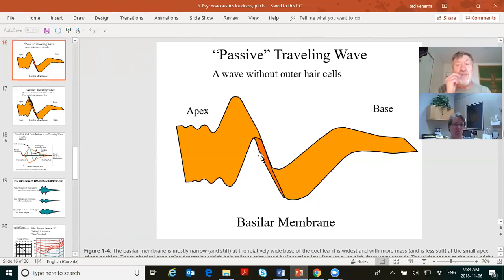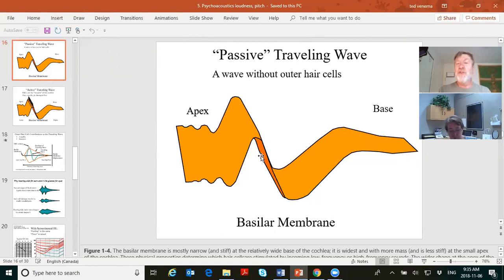Now this is what von Békésy, the discoverer of the traveling wave, found in his research. And so yes, like Helmholtz before him, he concluded that the cochlea is tonotopic. Specific frequencies are represented in specific places.